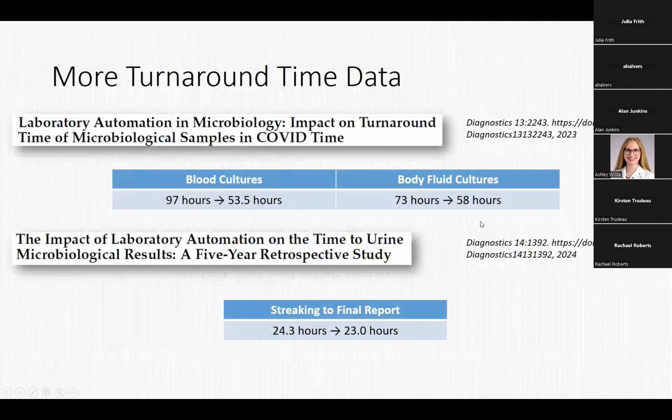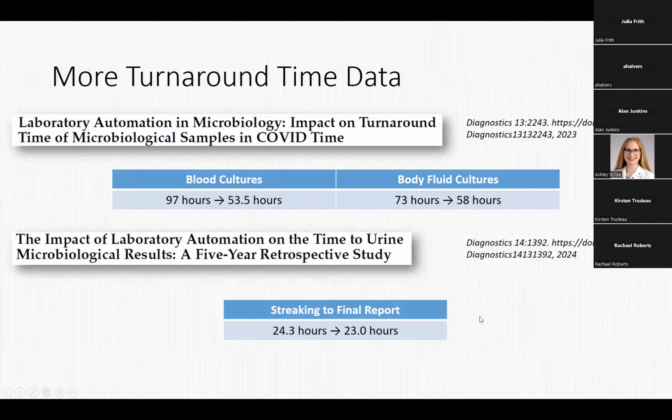So here's some more papers that were done on turnaround time with one of these two systems. This showing you a significant decrease in turnaround time for blood cultures and body fluid cultures. And this one going back to urine cultures, this is a median turnaround time, which again, is largely going to be determined by how many no growths or mixed flora that you have.